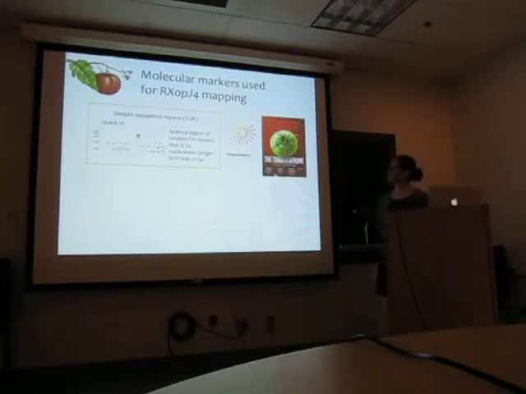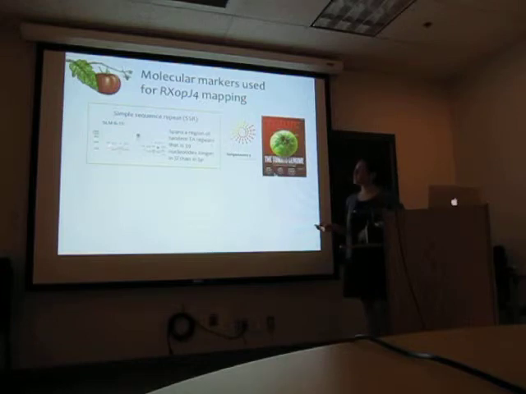So one of my markers was a simple sequence repeat, or SSR marker, and this just spans a region of TA repeats in the genome, and it's longer in Lycopersicum than Pimpinellifolium, so if you PCR out this region, you can see that you get a bigger band in Lycopersicum than Pimpinellifolium, and importantly, it's co-dominant, so you can see the heterozygote has both bands.